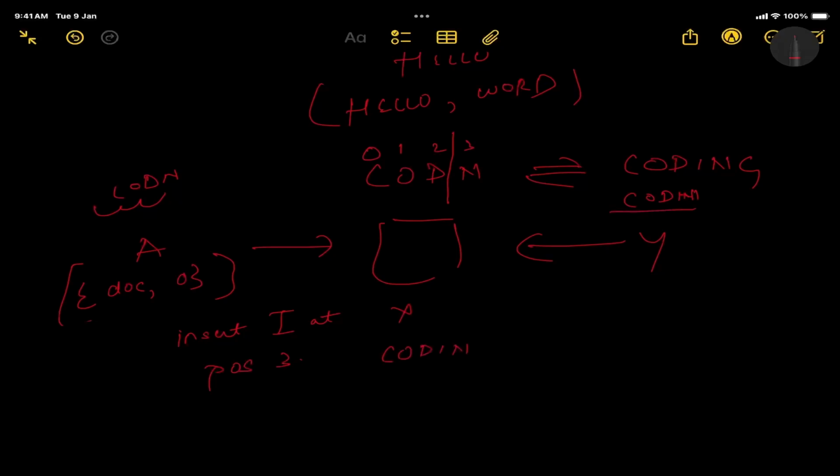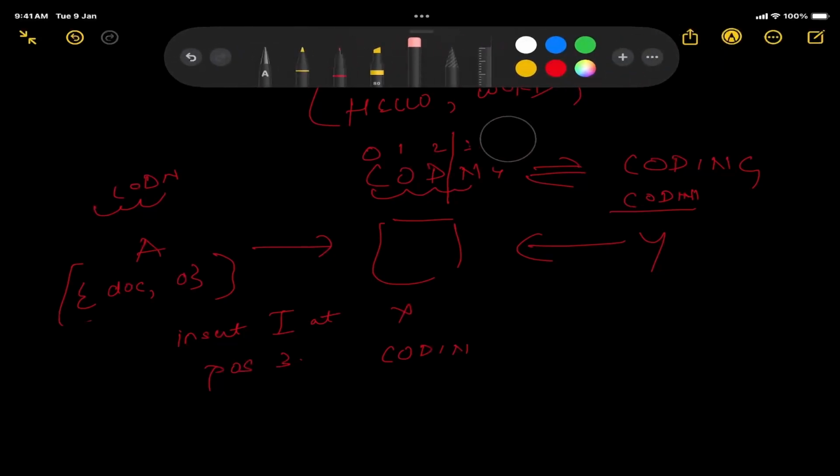Now user Y sees the string. Y wants to insert character G at position 4, because G should come after N, and this is what it sees as the latest string.